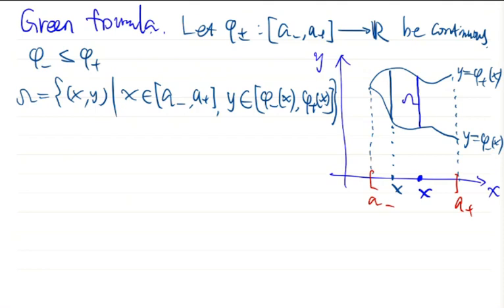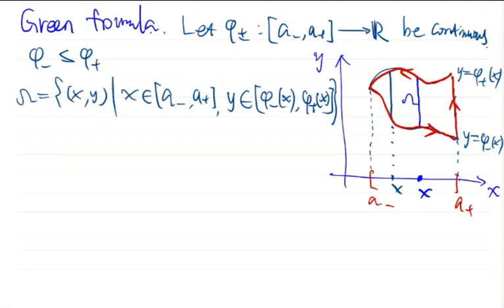And the boundary of this omega consists of this curve, the graph of phi minus, and the graph of phi plus, and also possibly the vertical part of the boundary. In this picture, we have a vertical part on the right boundary.